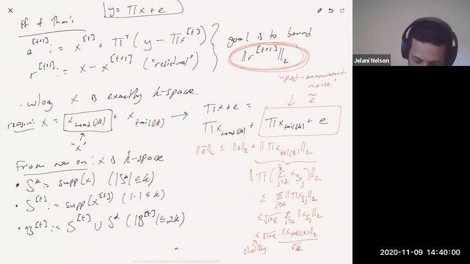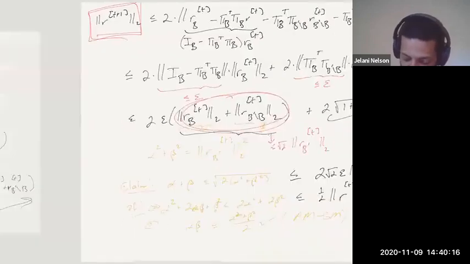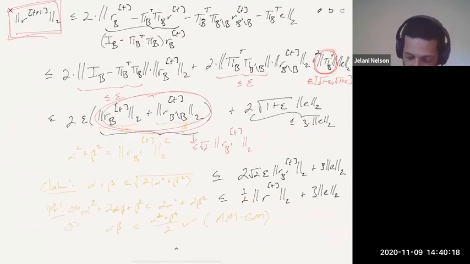B prime is just BT, which contains S star. And B prime also contains ST, so it contains the support of XT as well. So RT is fully supported in B prime, so I can just drop the B prime. Okay, so we're getting some kind of exponential decay. RT plus 1 has norm at most half of RT plus 3 times E times L2 norm.